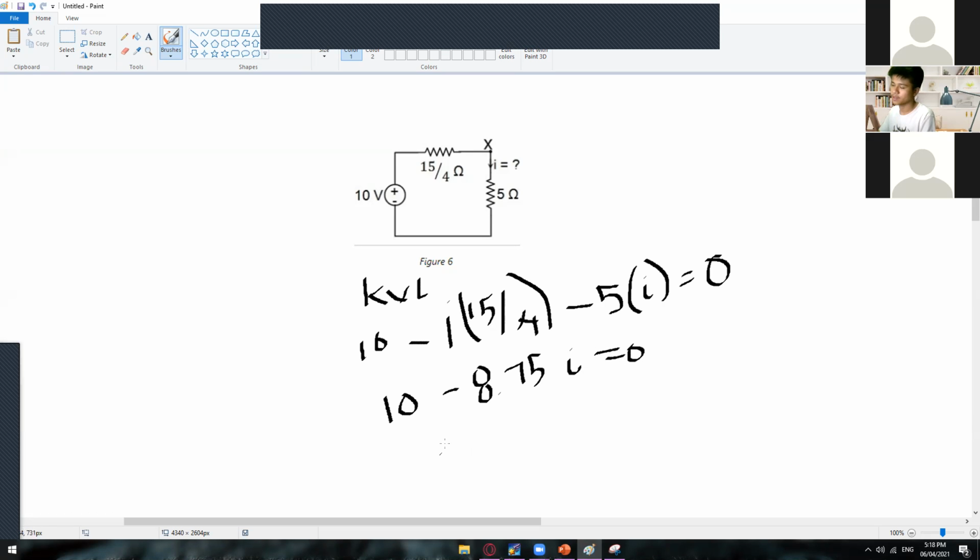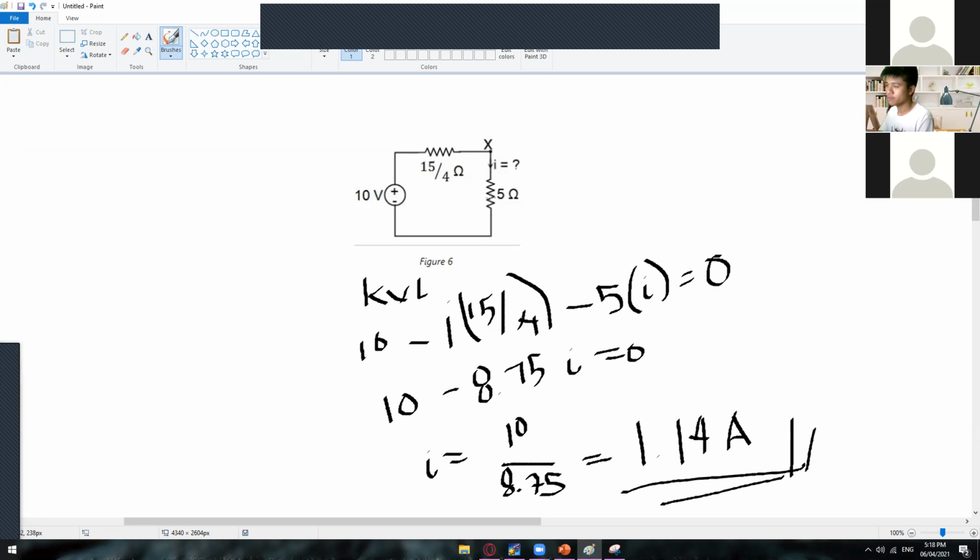From here, you can now transfer this one to the other side, or just get the I itself. I is equal to 10 divided by 8.75, which gives us 1.14 amps.